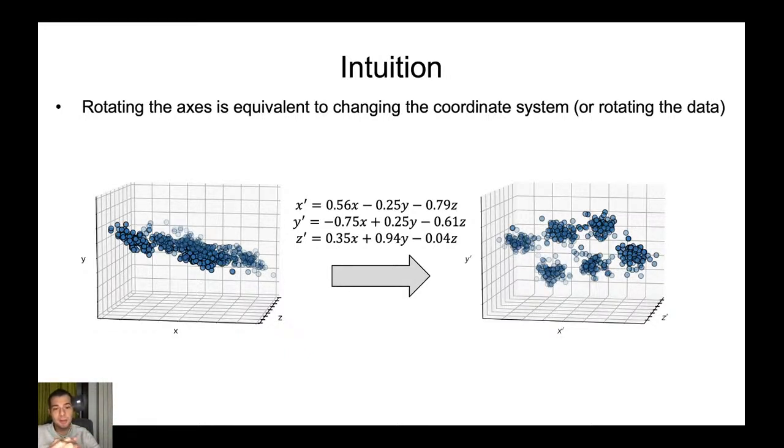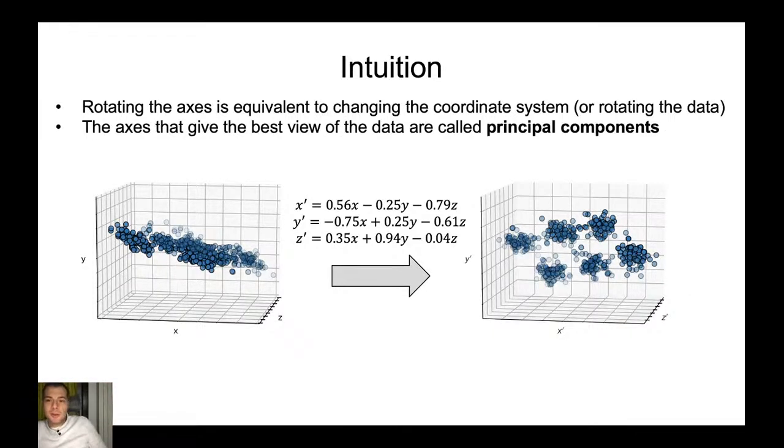This means that in the new coordinate system the covariance between features is 0, and the axes are orthogonal, so these are not correlated, and the axes explain as much of the variance as possible. These axes are called principal components.